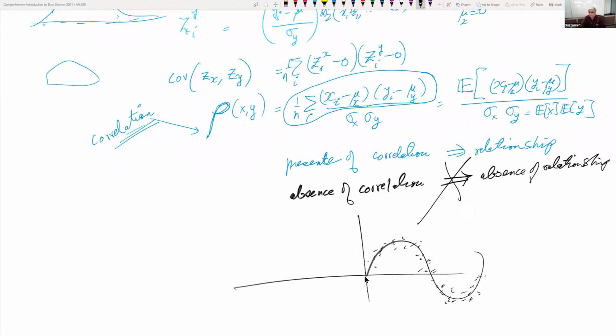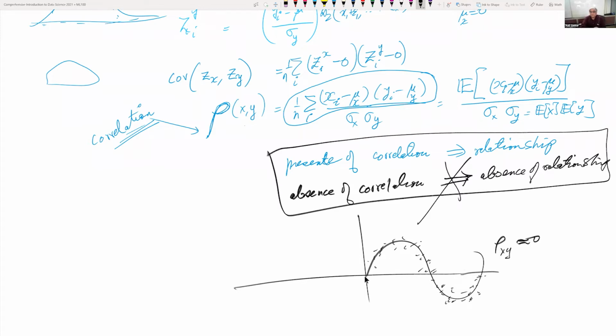But if you were to observe the correlation here between x and y, you will end up with 0. So remember, this is a very important thing to remember. Absence of correlation is not evidence of absence of a relationship. This is an important point. Please bear this in mind.